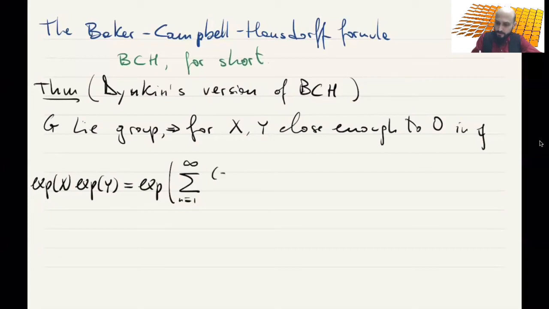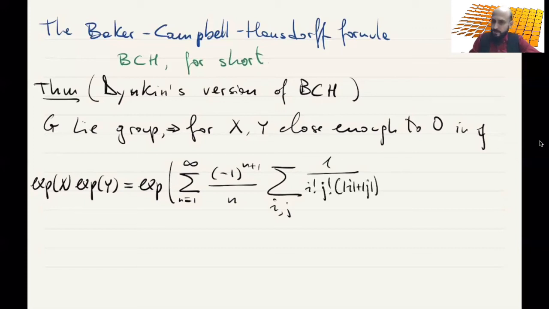So it's the sum over n of 1 over n, then sum over multi-indices i, j of (minus 1) to the n plus 1, divided by n, 1 over i factorial, j factorial, where the norm of i plus the norm of j is the total degree.